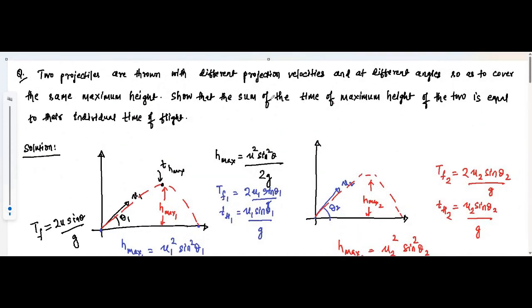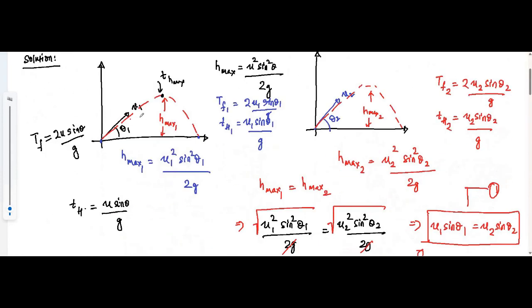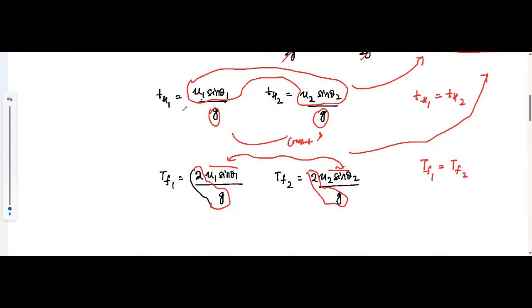So these are two important conclusions. Then for the proof that the sum of the two times of maximum height is equal to the individual time of flight, we will add TH1 plus TH2. So it is equal to u1 sine theta 1 plus u2 sine theta 2 by g.